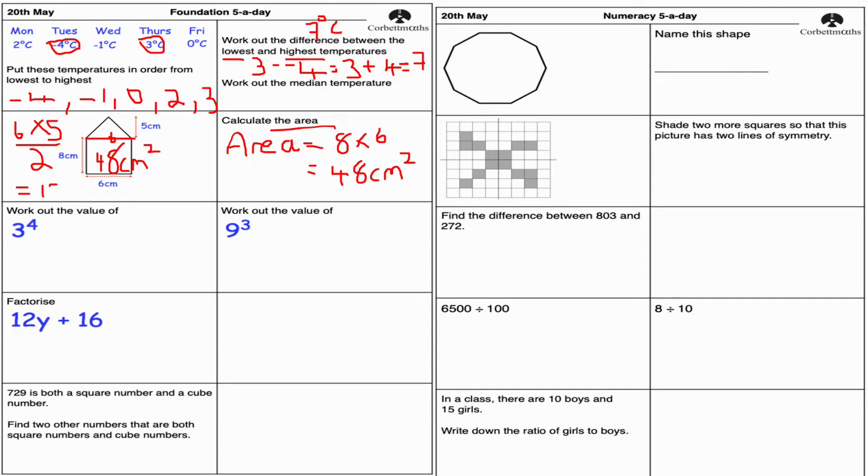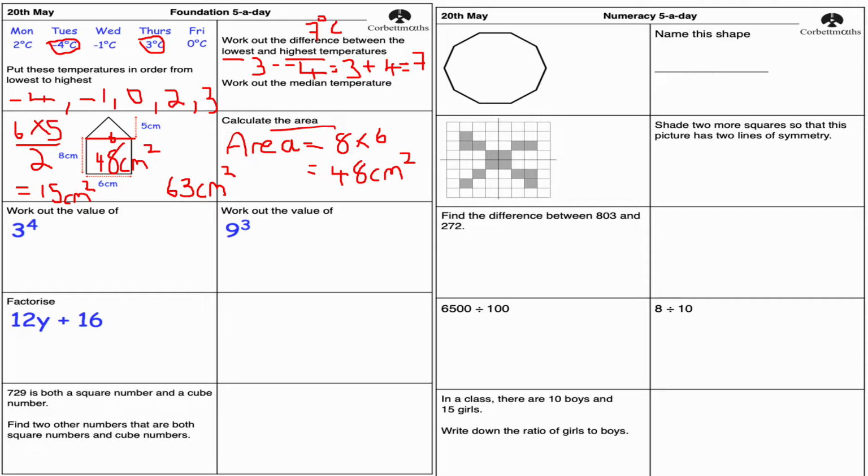So it's 15 centimeters squared. If I add the areas together, it gives me the total area, which is 63 centimeters squared. 48 plus 15 is 63 centimeters squared.